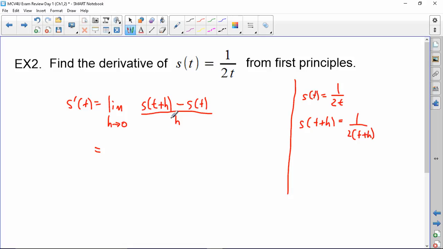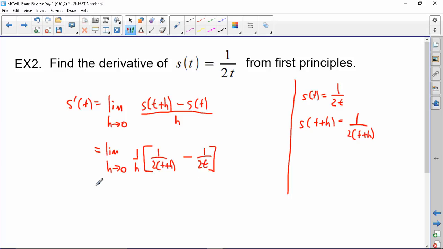Remember, the whole idea is I want to get rid of this h, because dividing by 0 is bad, and we want to not do that. So how we handle these fraction ones, remember, is we don't like having this subtract this over that, so we write the 1 over h out front, and then I'm going to write this in brackets. Subtract that.